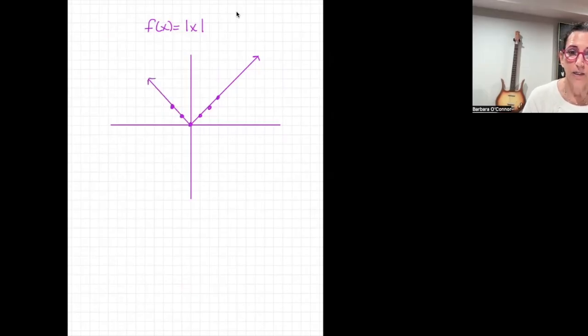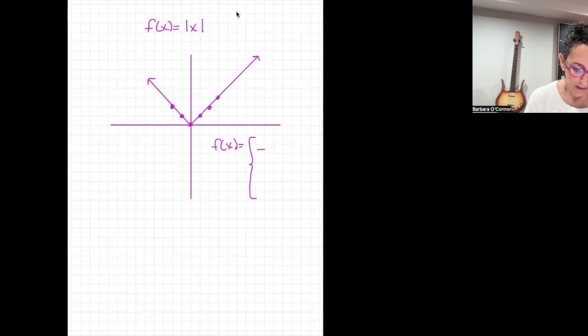If we wanted to write this as a piecewise function, I need the two pieces that come together to form this V. One of them is the line y equals negative x. That's happening for all values of x until I hit 0.